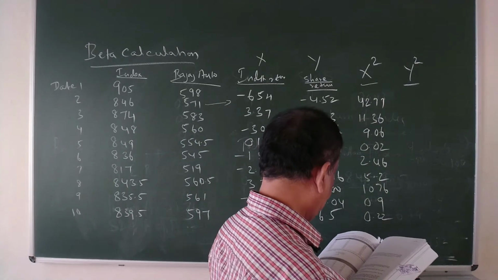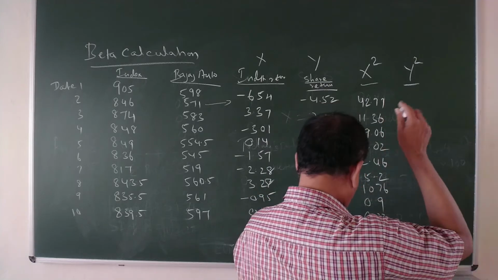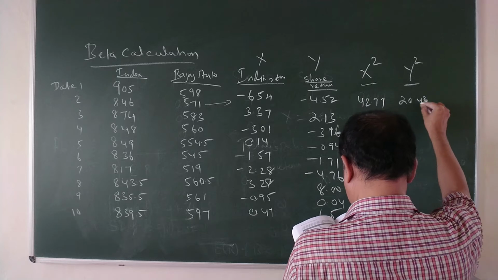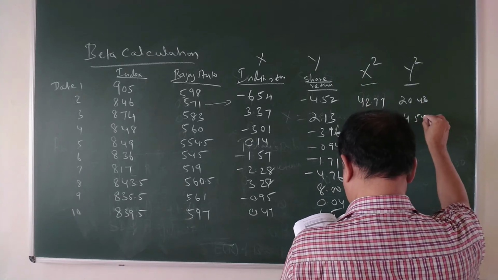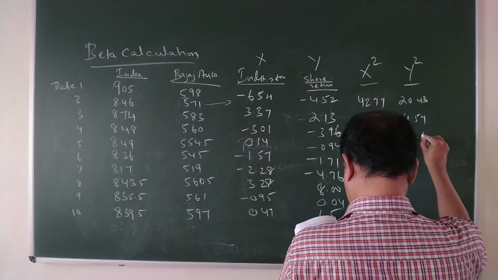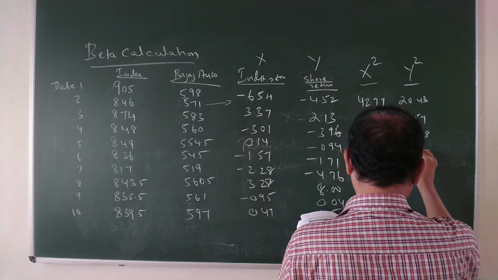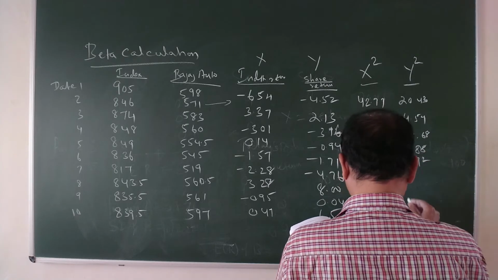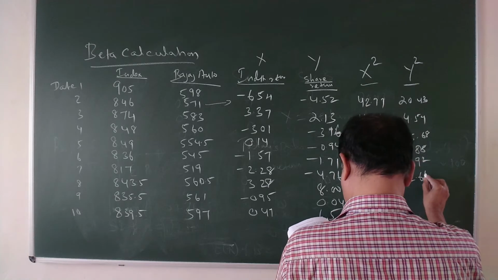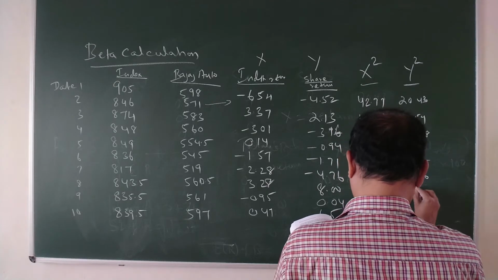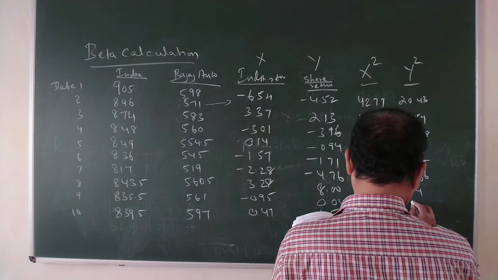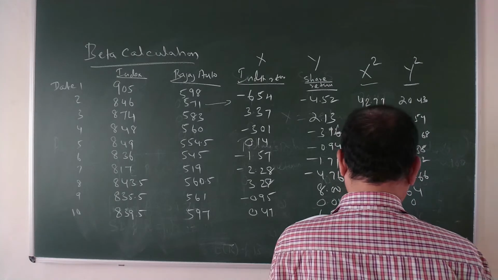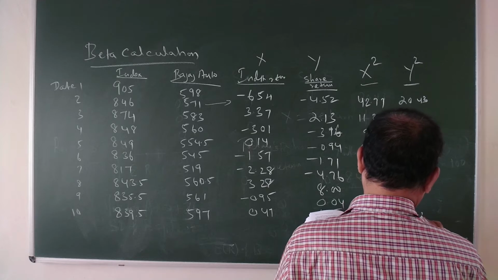Now let us see what is y square. It will be 20.43, 4.54, 15.68, 0.88, 2.92, 22.66, 64, 0, 42.25.